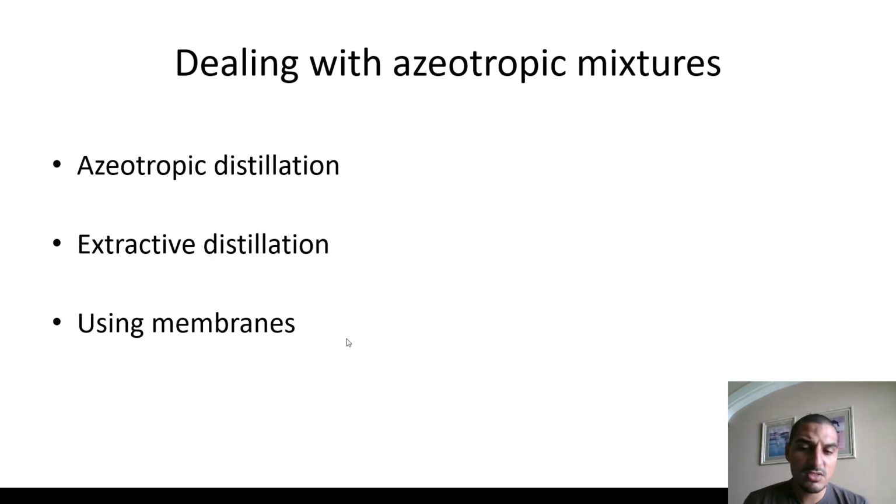And in the third case, we do distillation until we reach the maximum purity that we can achieve using distillation, and we can go further by using a membrane, so we can separate the two components based on the solubility in a membrane or based on the molecular size. Whatever method we're going to use, it is going to do the extra step that we cannot achieve using normal distillation.